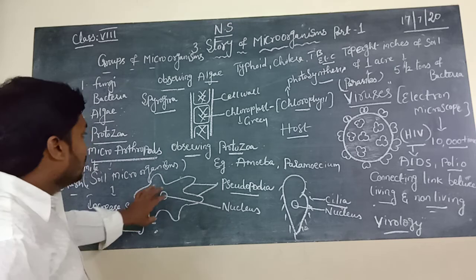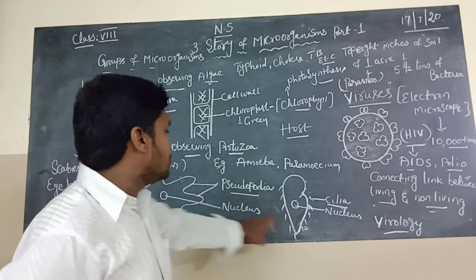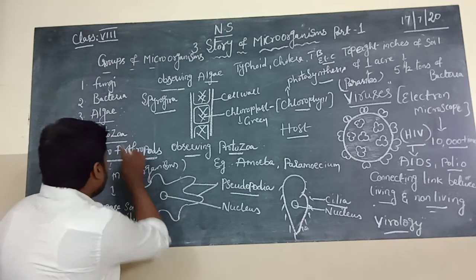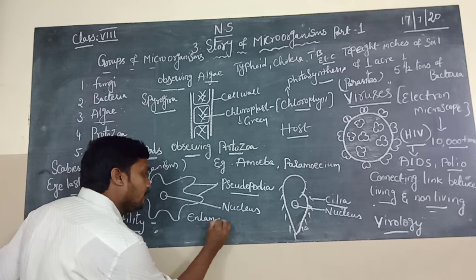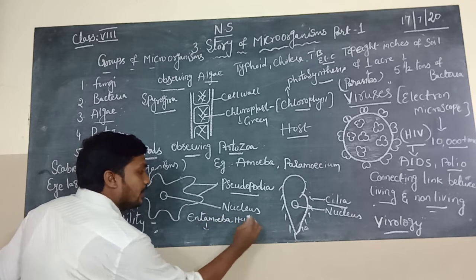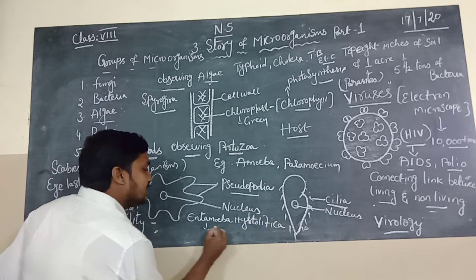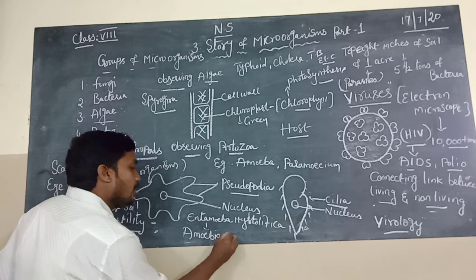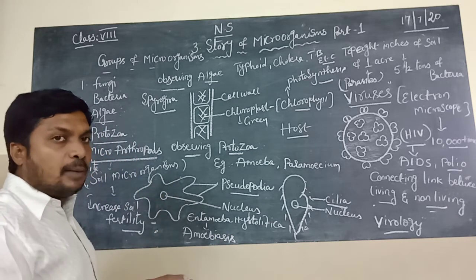Next, protozoa. Here we can observe unicellular organisms like amoeba and paramecium, which come under protozoa. Do you know some protozoans like Entamoeba histolytica cause a disease known as amoebiasis. This means some protozoans do not cause harm to animals.